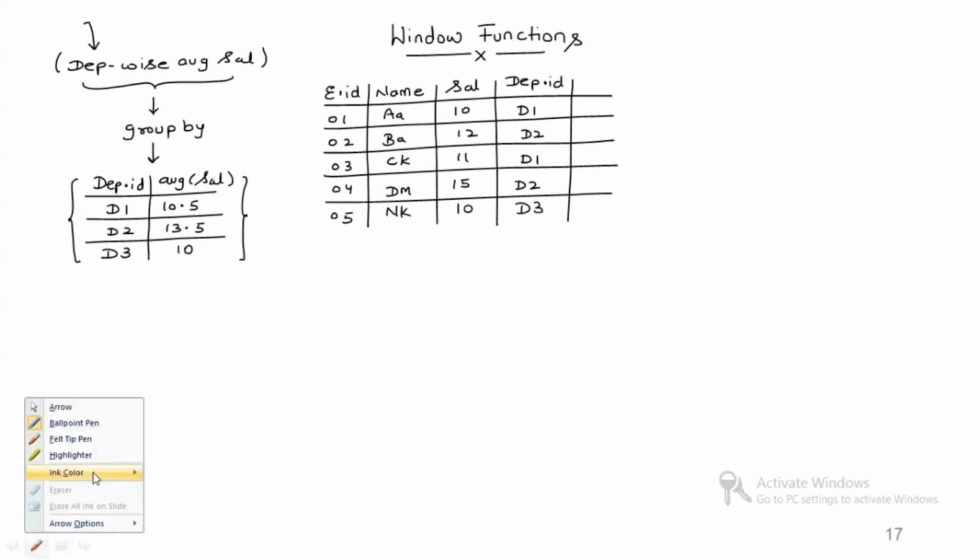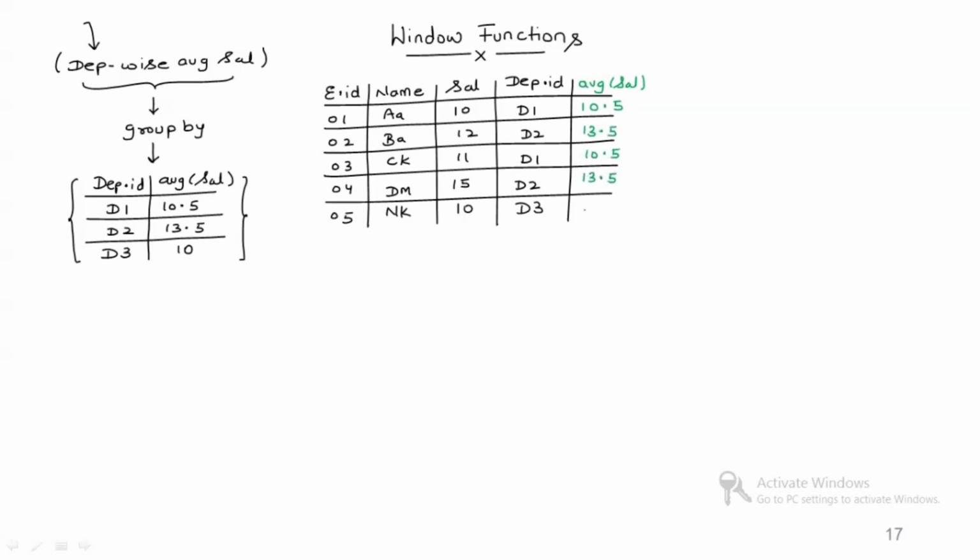But what if my requirement is to generate the aggregated values, let's say average of salary, with the non-aggregated table? For department number 1, I need 10.5 over here. For department number 2, I need 13.5 over here. Then 10.5 over here, 13.5 over here, and 10 over here. So what is my objective? My objective is to get the aggregated values with this non-aggregated data.